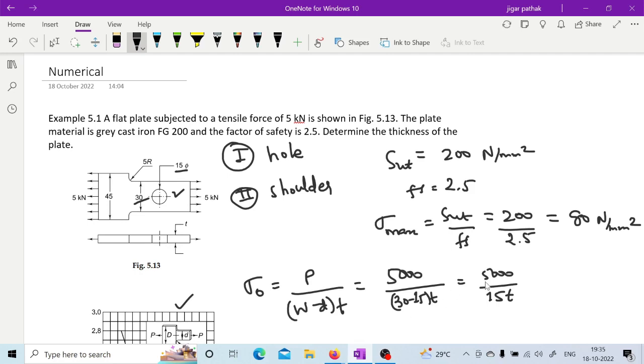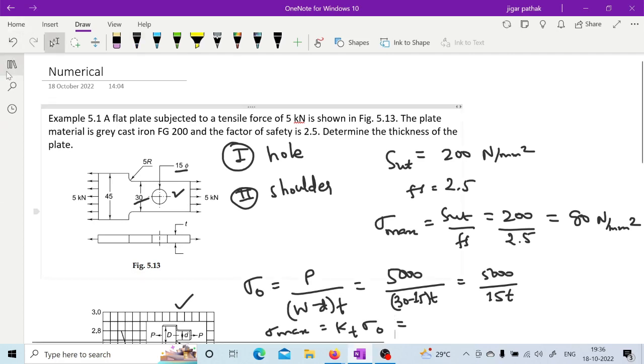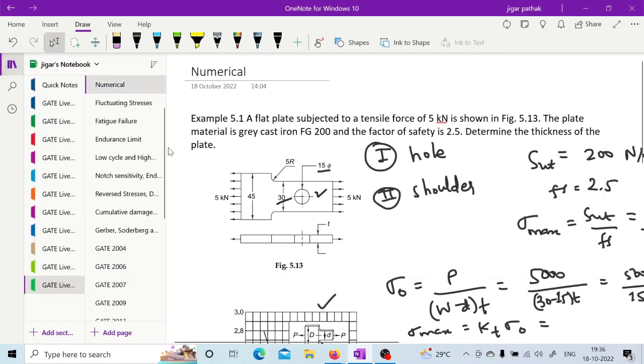But for sigma max in this region, when we consider the hole as the discontinuity, it is Kt into sigma naught. Now for the hole, how will you come up with Kt? So it is not a simple plate, I guess.